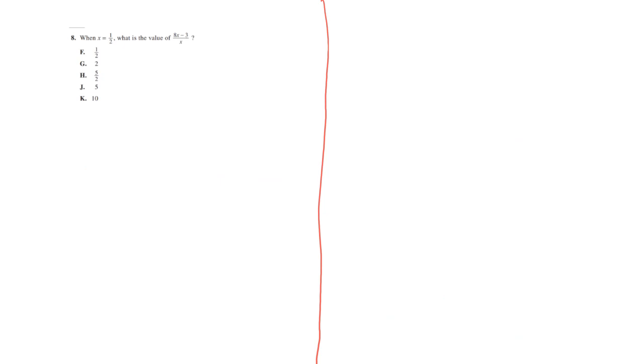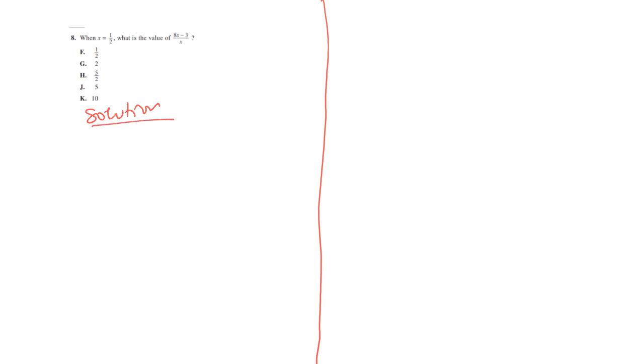Let's look at this. This is what we call algebra, where we use letters to represent numbers. They are giving us an expression.